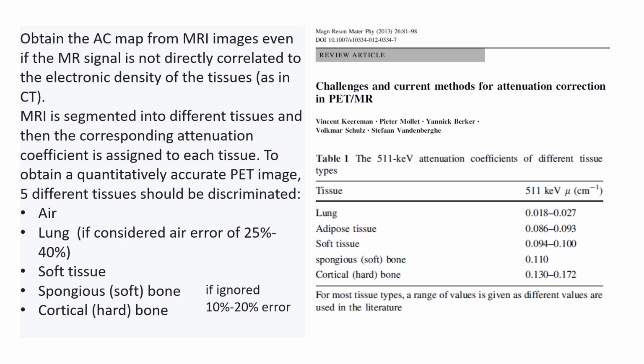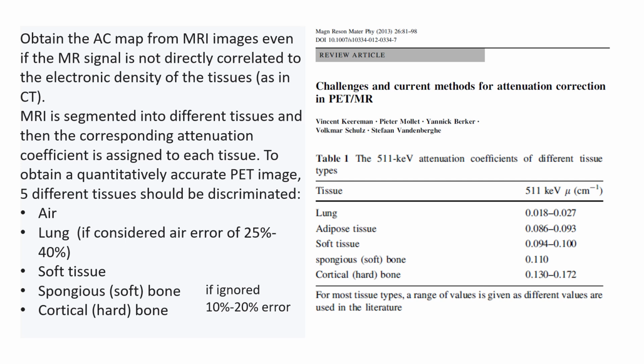In the first option, MRI should be segmented into different tissues and then the corresponding attenuation coefficient is assigned to each tissue. To obtain a quantitatively accurate PET image, usually 5 different tissues should be discriminated as the difference between their attenuation coefficients are not negligible.